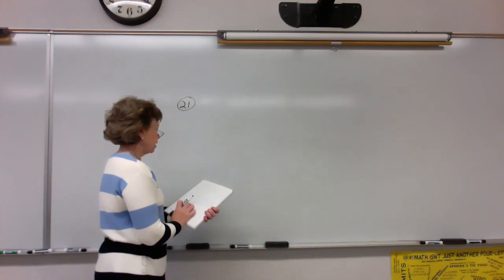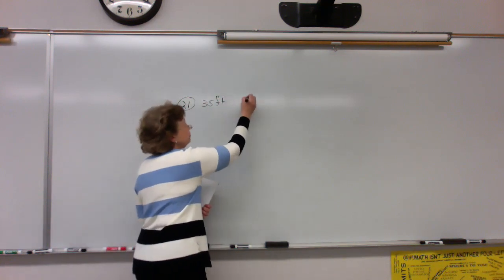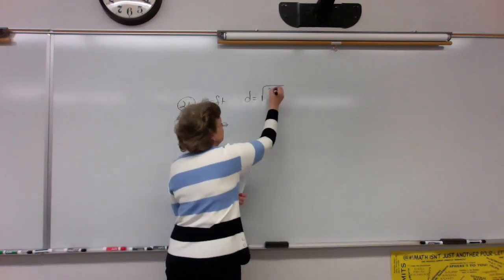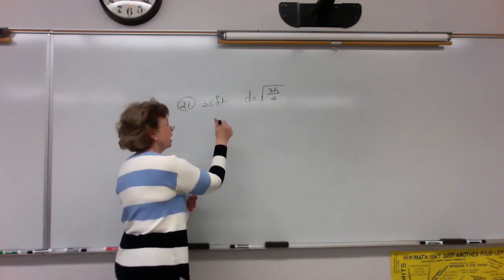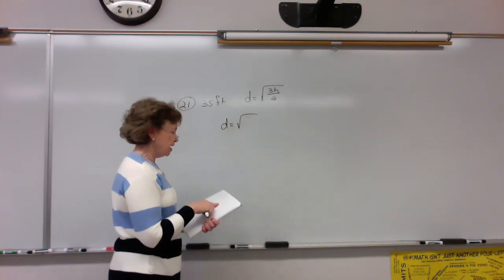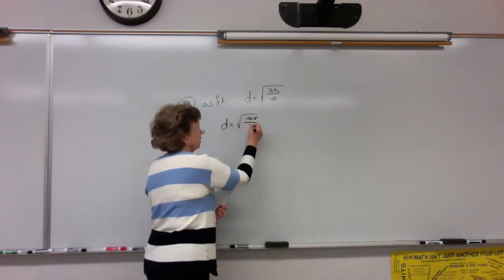This is for monitoring progress 21. This time we're 35 feet above, and that formula was the distance equals the square root of 3 times the height divided by 2. This time the height is 35, so the distance is the square root of 3 times 35, which was 105, divided by 2.